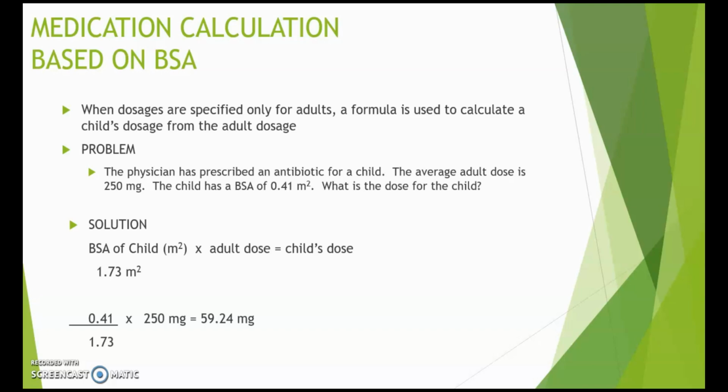What is the dose for the child? Solution: BSA of a child in m squared over 1.73 m squared, multiplied by the adult dose, equals the child's dose. As you can see here in the equation, 0.41 over 1.73 times 250 mg equals 59.24 mg.